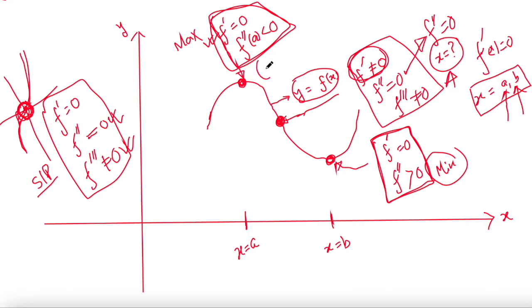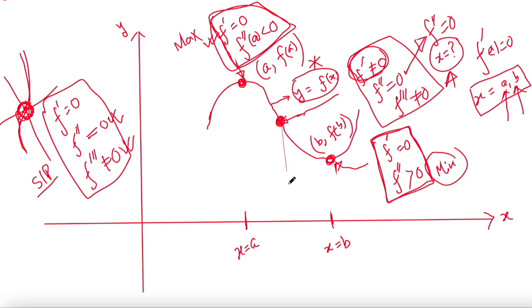The x coordinate of the maximum point is a, then the y coordinate of the maximum point will be f(a). The x coordinate of the minimum point is b, then the y coordinate of the minimum point will be f(b), and this f(b) you will get from the given function by putting b in it.